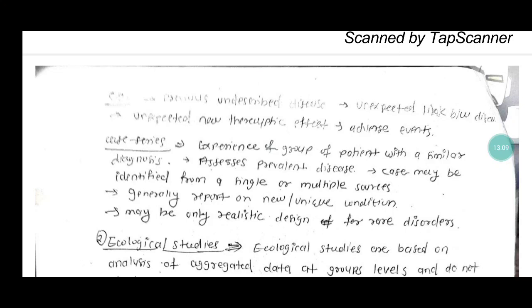The case series describes the experiences of a group of patients with a similar diagnosis and assesses the prevalence of disease, where the cases may be identified from a single or multiple sources. So generally it reports a new or unique condition, which may be the only realistic design for rare disorders.